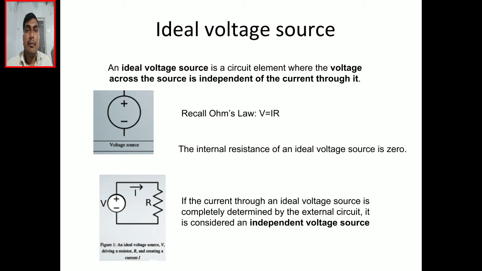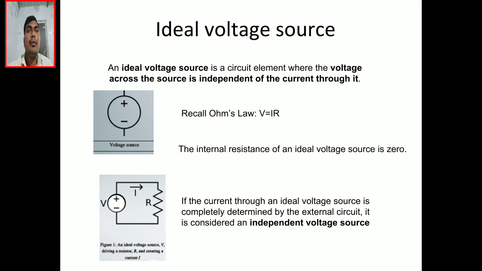If the load increases, there is normally an effect on the source. But in the case of an ideal source, there is no effect of load current on the source, because an ideal voltage source is independent of any other quantity in the circuit. That is shown in this diagram.